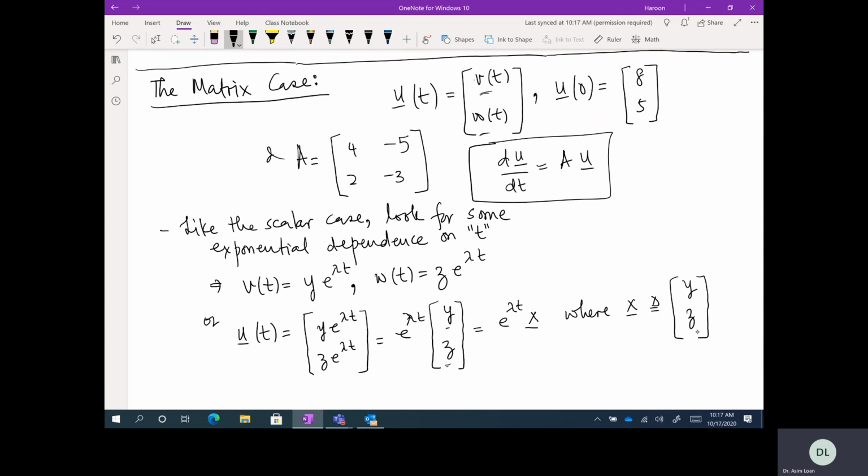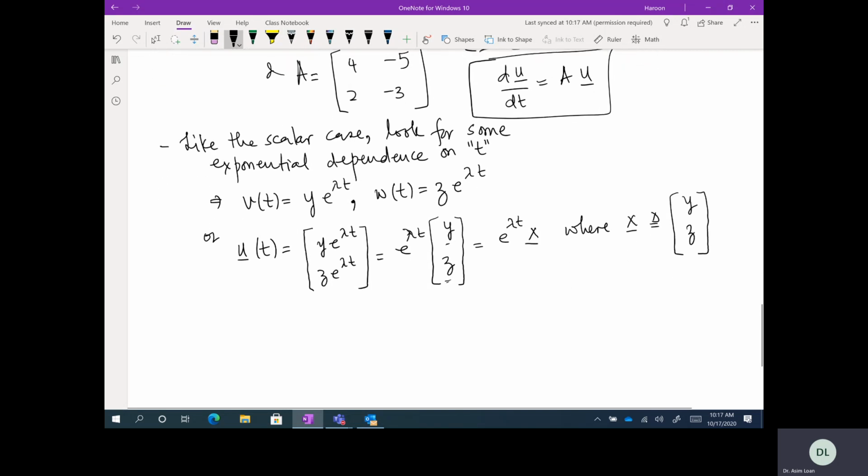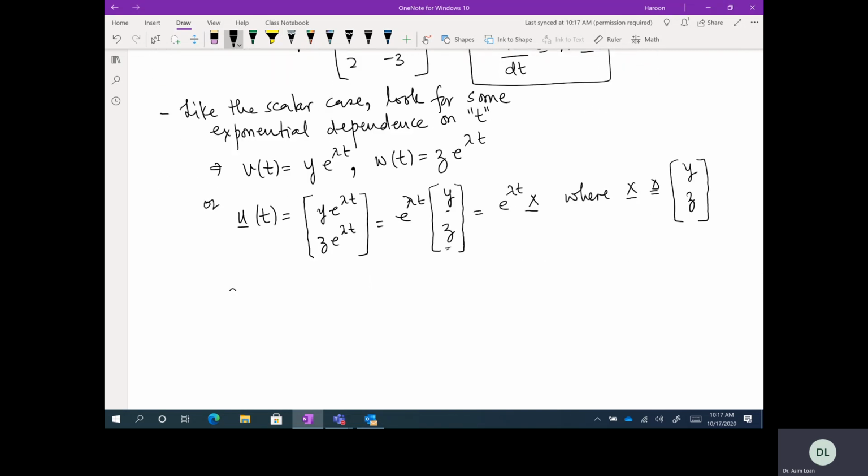Okay, good. So my equation is d u of t over dt equals A u.